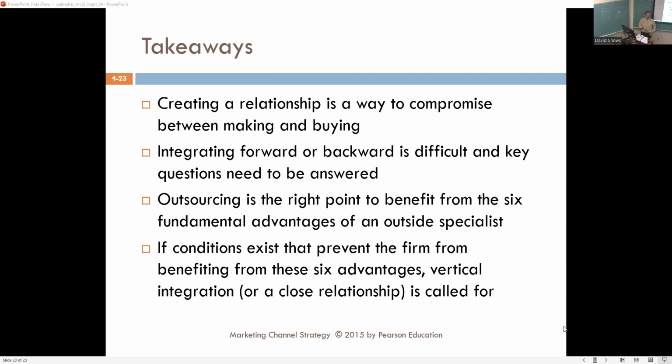And this mentions that if conditions exist, environmental or internal, that prevent you from benefiting from the six advantages, then vertical integration may be best. And so the make or buy decision, you can make and buy at the same time.